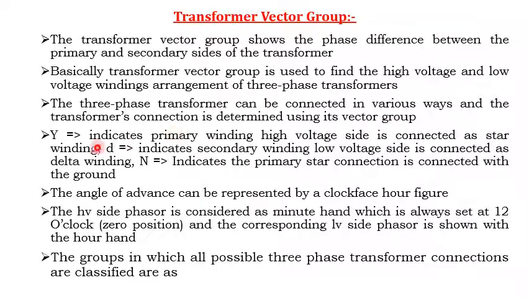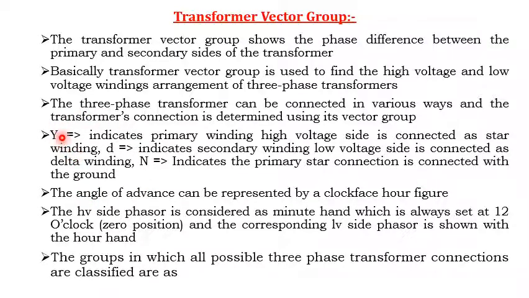So here you know that this is Y. It indicates the primary winding, the high voltage side, is connected as a star winding. D means delta, it indicates the secondary winding, the low voltage side, is connected as a delta winding. And N indicates the primary side star connection is connected with the ground. This indication you already know.